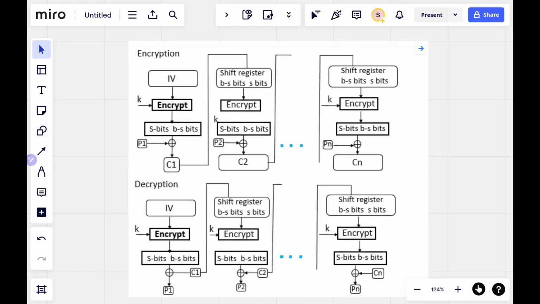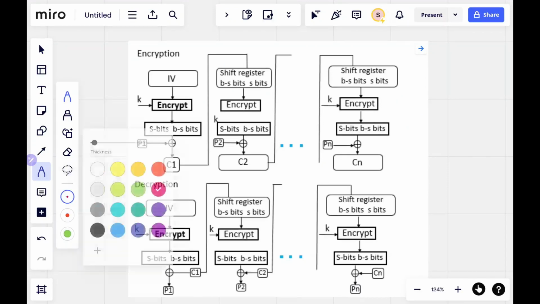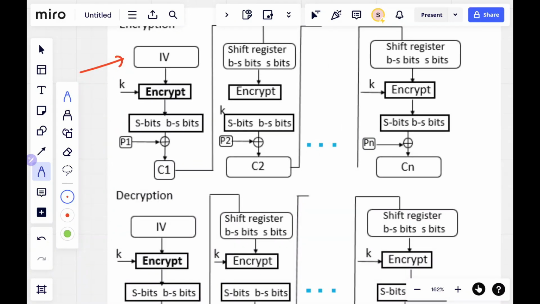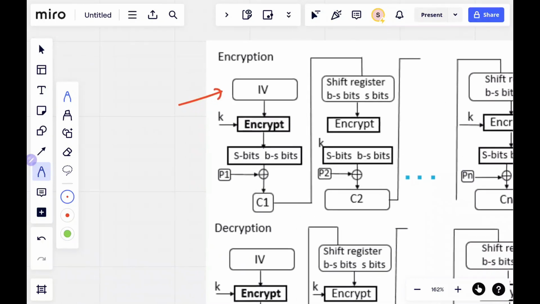See the diagram carefully. The initialization vector comes in as the first input. Along with the key, it is encrypted, and we get some output that is split into S bits and B minus S bits.